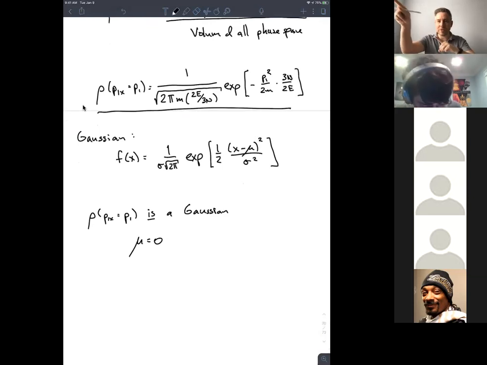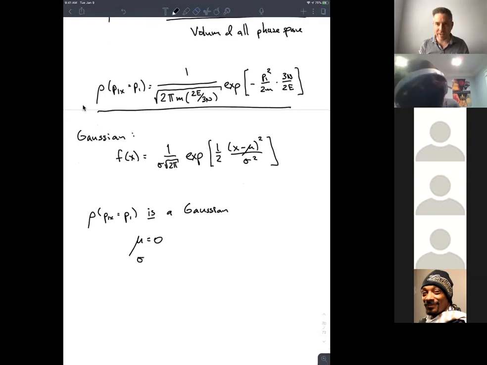In other words, regardless of what the value of the momentum is, it's just as likely to be going one direction as it is the other. And in particular, it has a standard deviation, which, if you compare it to the normal form, is the square root of 2E over 3N.